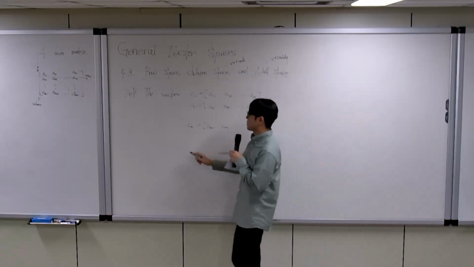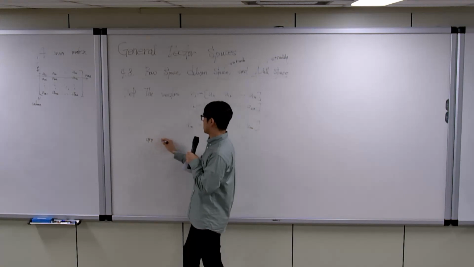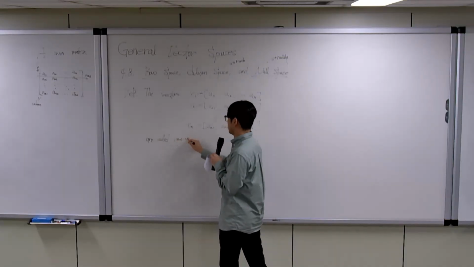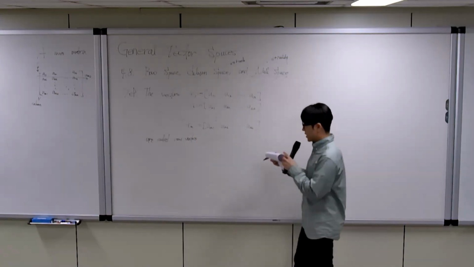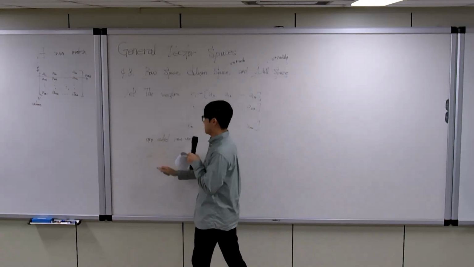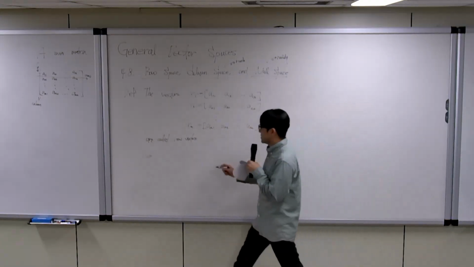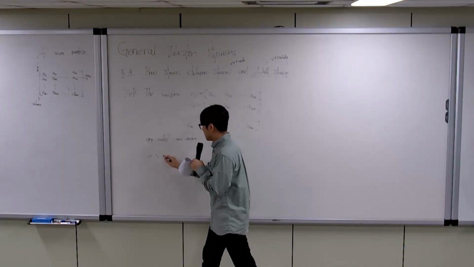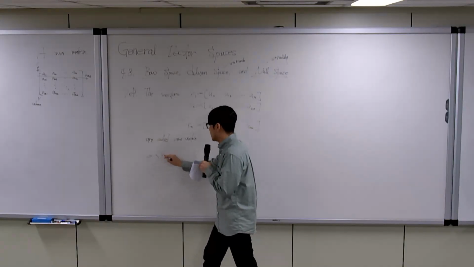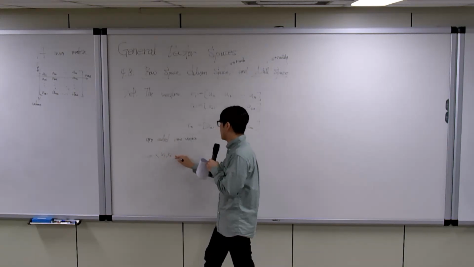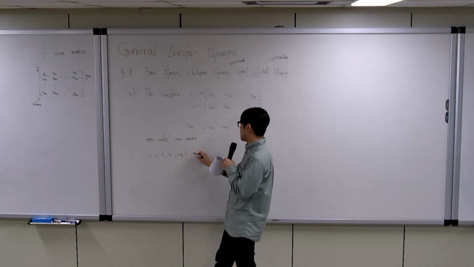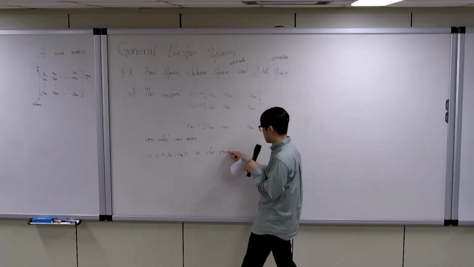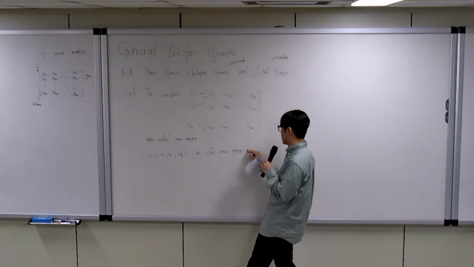And these are called row vectors. And I will say the space generated by them, I will denote generated like this bracket, is the row space of A.